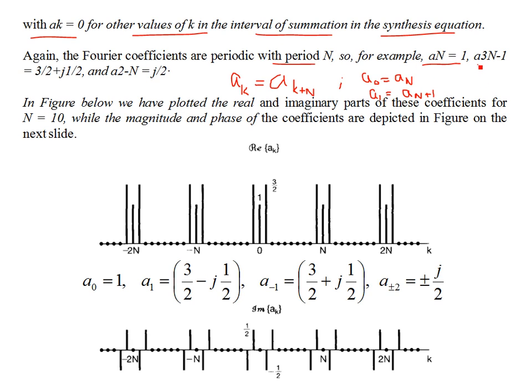Similarly, a3N minus 1 is 3 by 2 plus j by 2. Even if you go beyond 3 periods, at the third period a3N minus 1 will be a minus 1. And what is a minus 1?